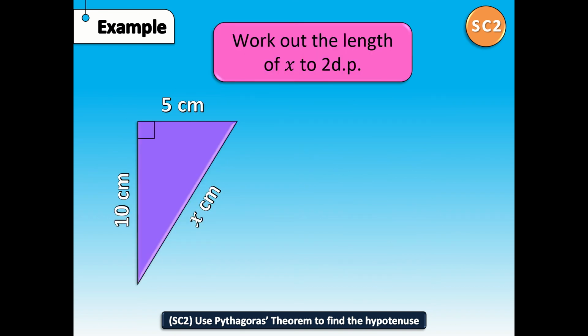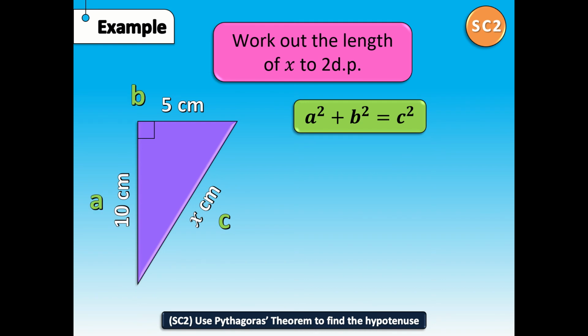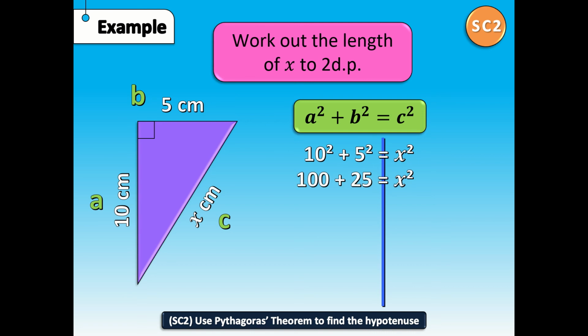Here's another one. Again, we want to work out the length of x, but this time to 2 decimal places. So we label up the sides. This side has to be c, because c has to be opposite the right angle, and it doesn't matter which one's a and b. So we're going to do 10 squared plus 5 squared equals x squared. 10 squared is 100, and 5 squared is 25.